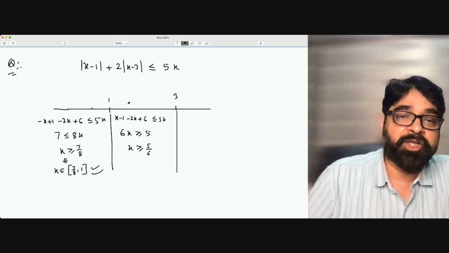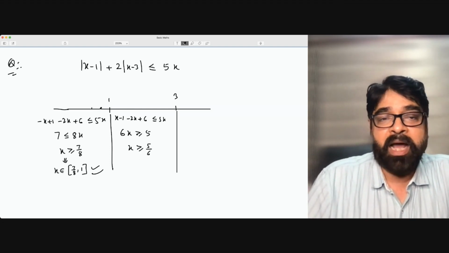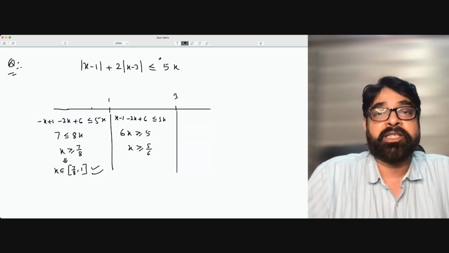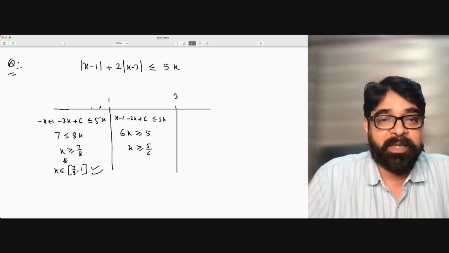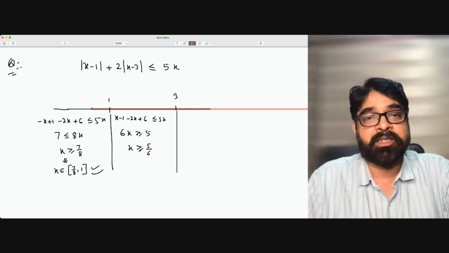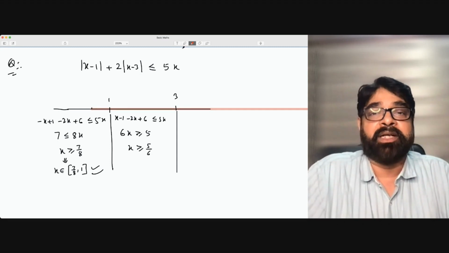Is it coming into the picture? Where will 5 by 6 be? Here somewhere. I cannot take 5 by 6 completely because my area starts from 1. What does this mean? 5 by 6 is somewhere here. It's saying to complete this, but I am solving between 1 and 3. So 1 and 3 complete, I will take it.